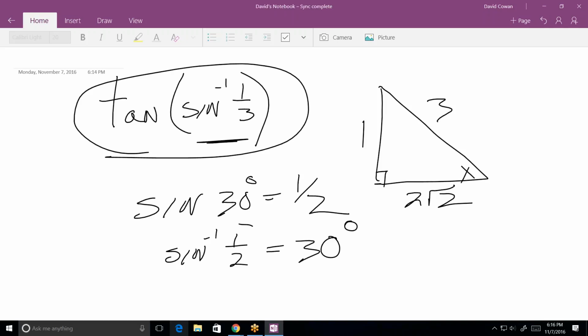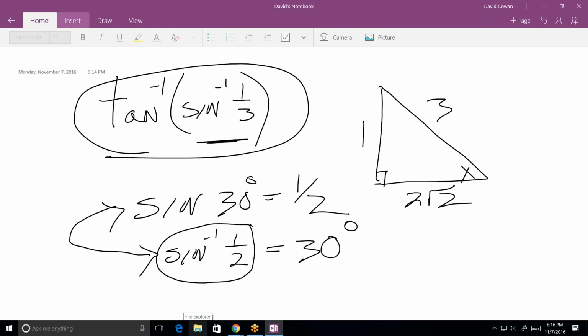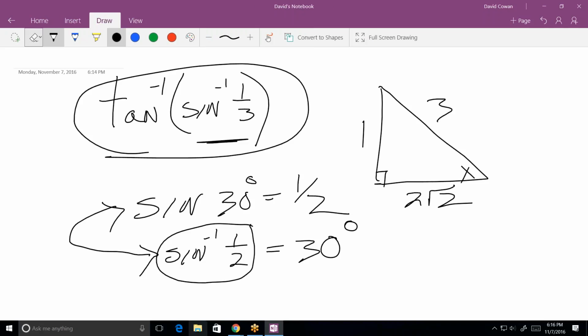We take inverse trig functions of ratios to get angles. So these two things mean the same thing. The only difference, if I had that there and this was not inverse, but the sine of 1/3, well, they would have an angle there. In other words, they would have like pi over 3.